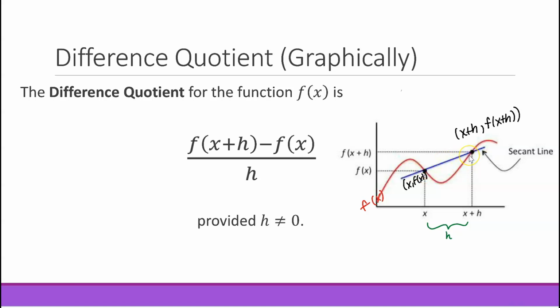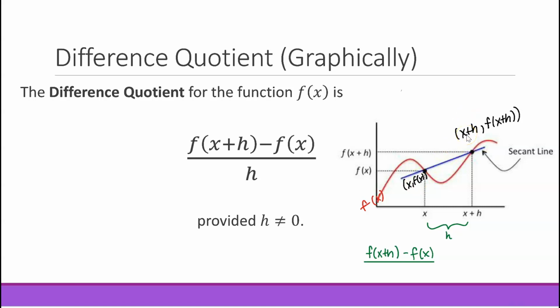If you recall, the slope between two points is found by subtracting the y values divided by subtracting the x values. So in other words, we would have f of x plus h minus f of x, subtracting the two y values, all over subtracting the corresponding x values.